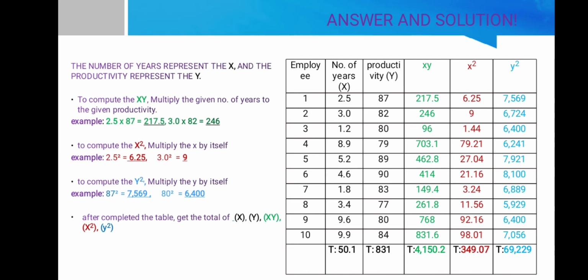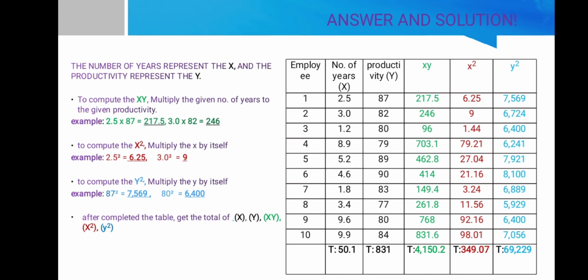To compute the x squared, multiply the x by itself. Example, 2.5 raised to 2 equals 6.25. 3.0 raised to 2 equals 9. To compute the y squared, multiply the y by itself. Example, 87 raised to 2 equals 7,569. 80 raised to 2 equals 6,400.